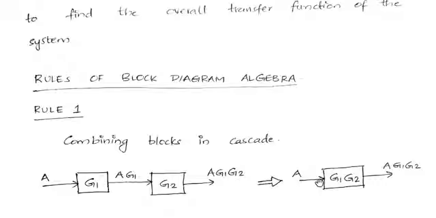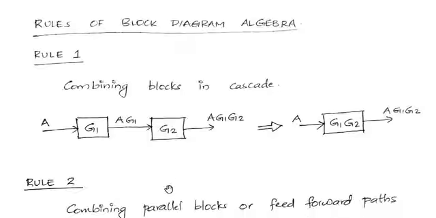So signal A coming to a block with the gain G1 G2 will get multiplied with G1 G2 and will produce the output AG1 G2. So if we have blocks in series or cascade, they can be converted into a single block, and the gain of that particular block will be the product of the two individual gains, right? Okay, fine.